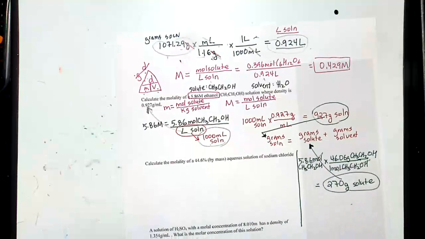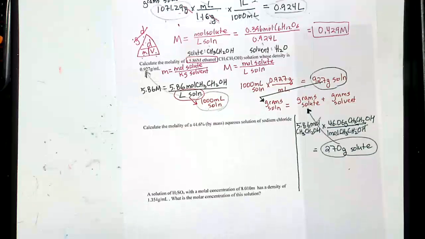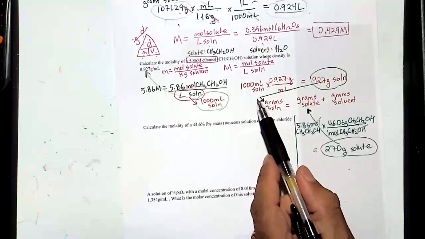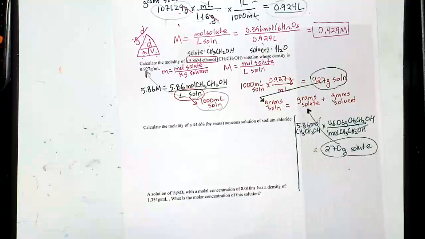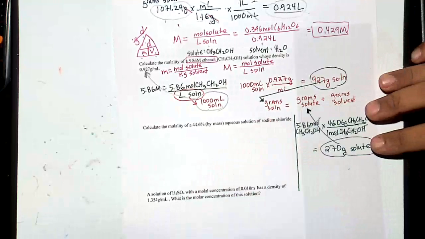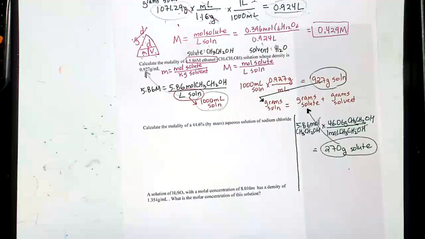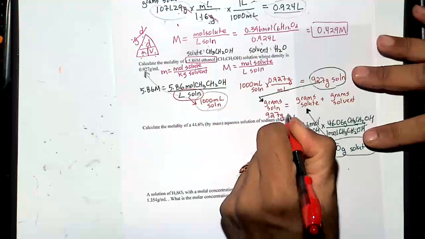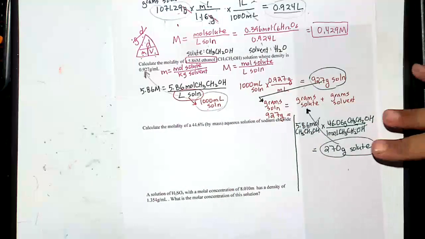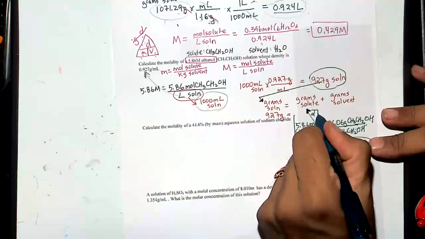Now we can solve for grams of solvent. How will we do that? The grams of solution is 927 grams. Grams of solute is 270 grams.